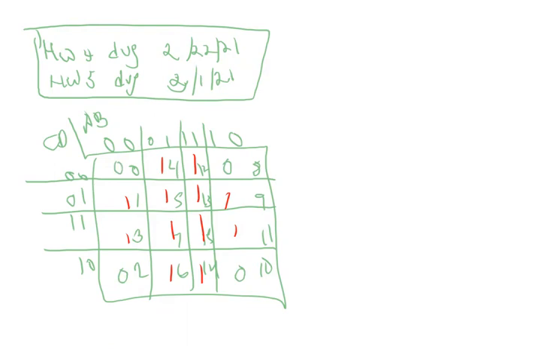Alrighty then. It says here, given the following K-map, find the minimum sum of products.